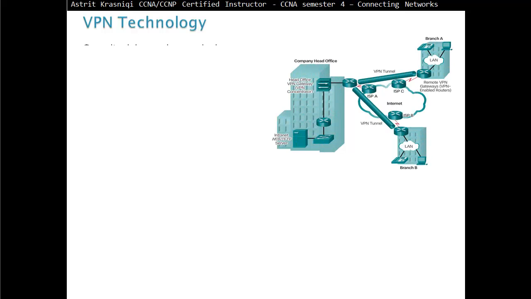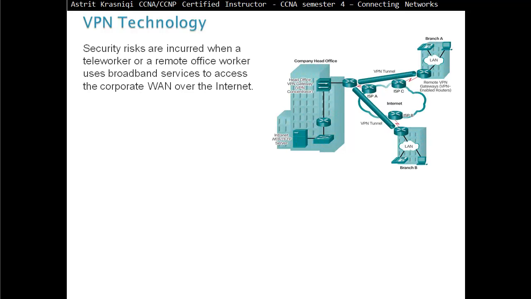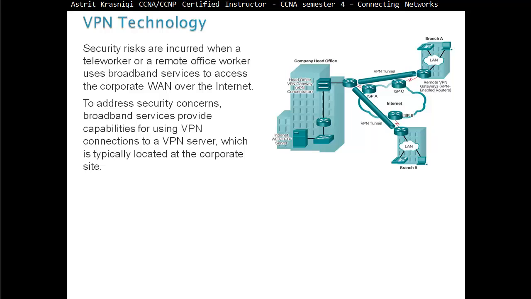VPN technology. Security risks are incurred when a teleworker or remote office worker uses broadband, which is a public service, to access the corporate network over the internet. To address security concerns, broadband services provide capabilities for using VPN connections to the VPN server, which is typically located at the corporate site.